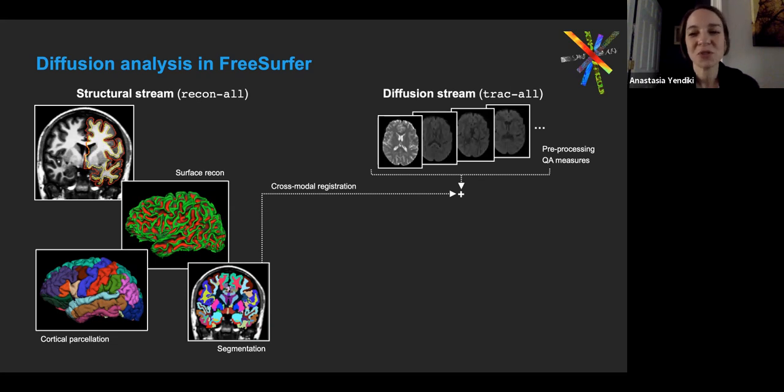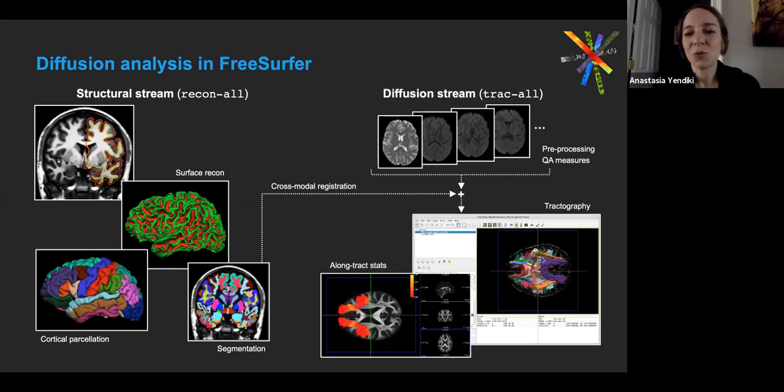We also produce some QA measures that I will get to in a little bit. And then the diffusion data are combined with the structural segmentation from the T1 scan of the same subject to perform global probabilistic tractography with anatomical priors, reconstruct a set of tracts of interest, and once we have done that for every individual, we can also do a long tract statistics of different diffusion measures for the different tracts.